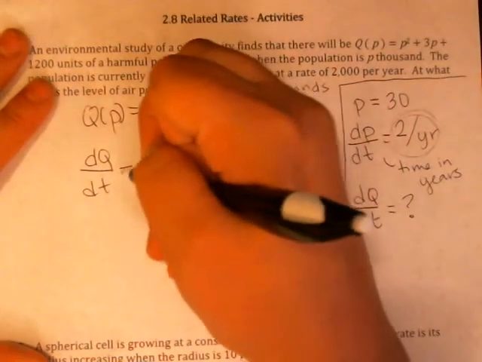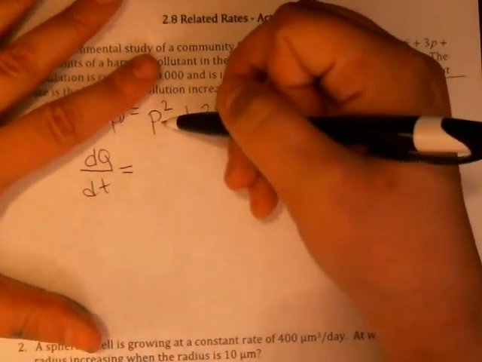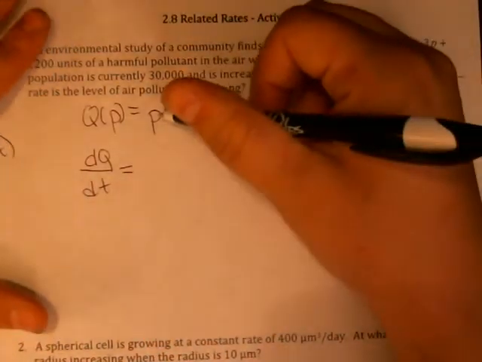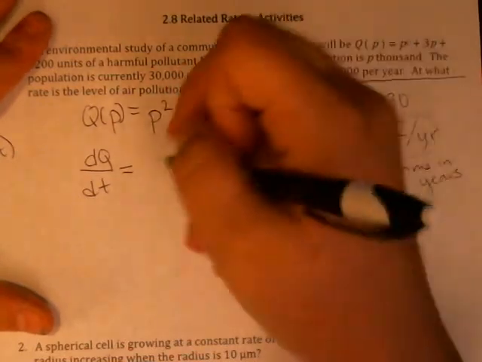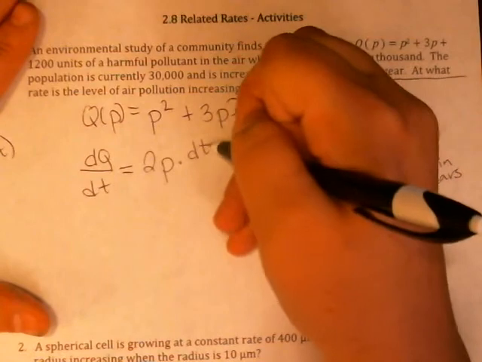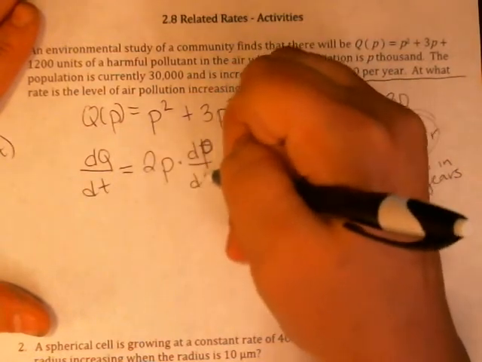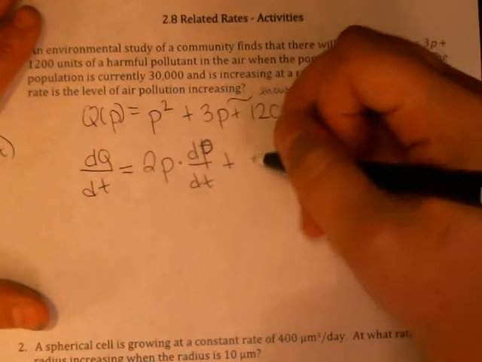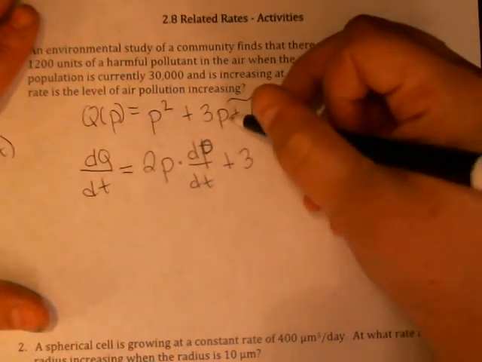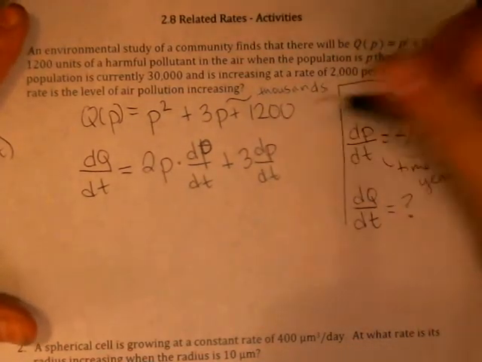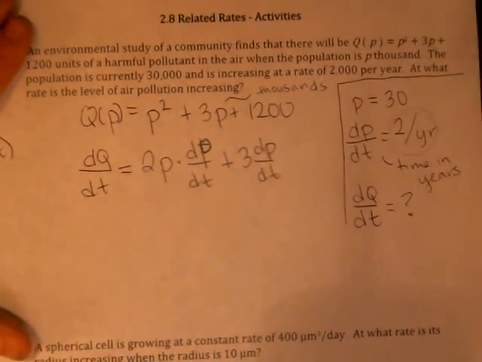And then the derivative of p squared with respect to t, that means we're thinking of p as a p of t, right? So the derivative of a function squared is 2 times our function multiplied by the derivative of our function, dp dt. Same thing here, remember that p is not our variable, so the derivative of 3p is 3 times the derivative of our function. And then the 1,200 is just going to drop out when we take the derivative. So this ends up being our formula.